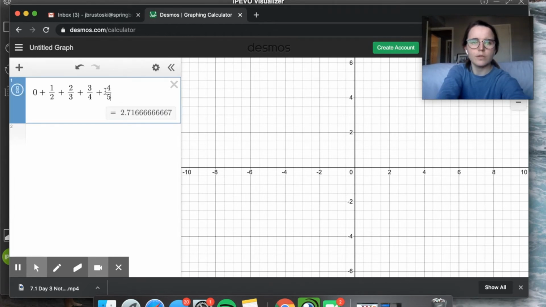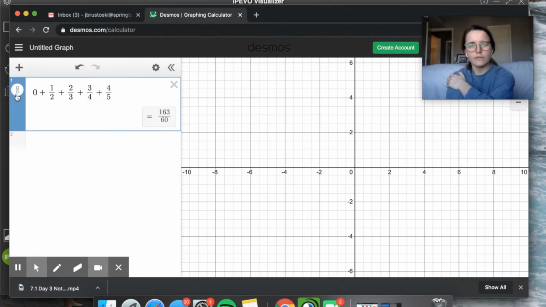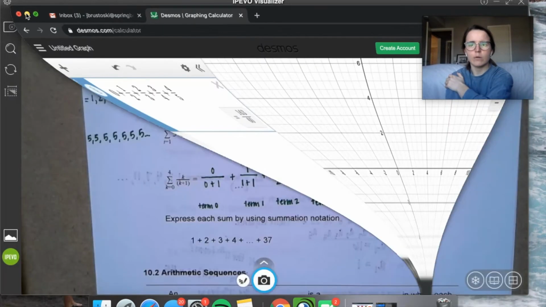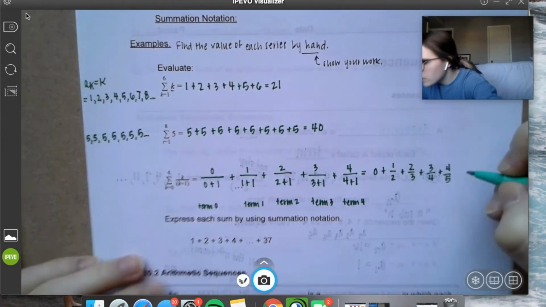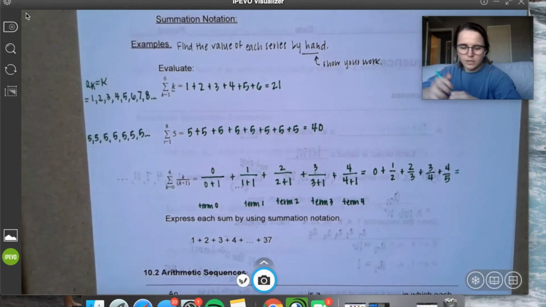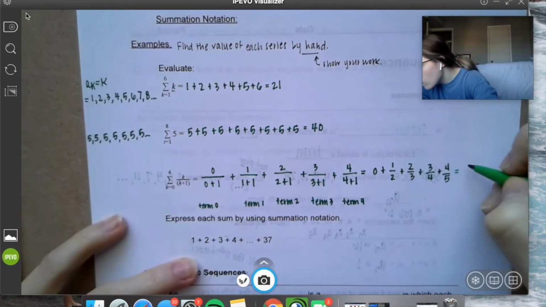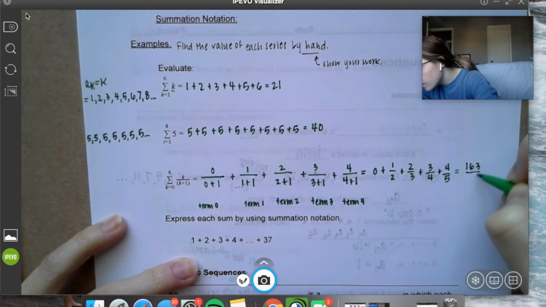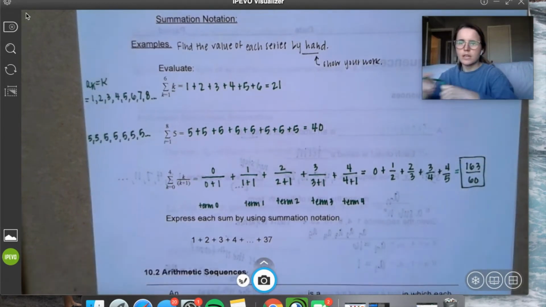And I have 1, 2, 3, 4, 5 terms. 0 to 4 is 5 numbers. And then, of course, we want to turn it into a fraction because we had fractions to begin with. And so, that's kind of fancy. 163 over 60 is our final answer. Easy as that.